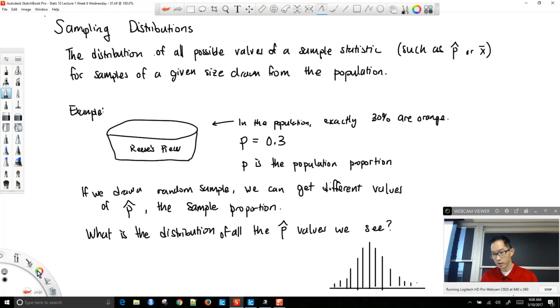Something like that, and we said, well, you know what? It looks kind of like the normal distribution. This is supposed to look unimodal and symmetric. Okay, so we said looks like.